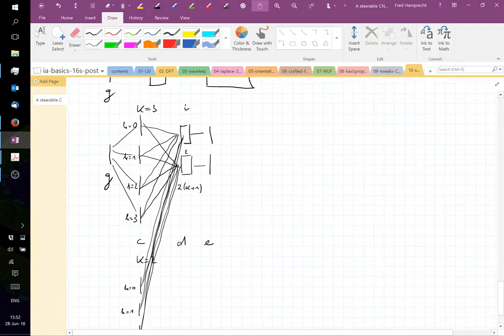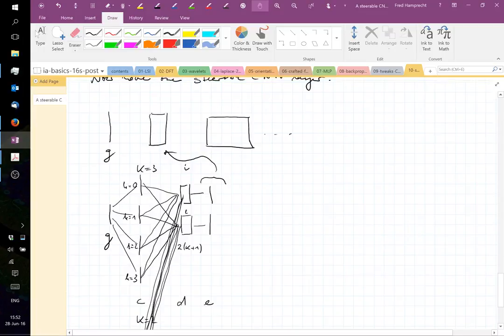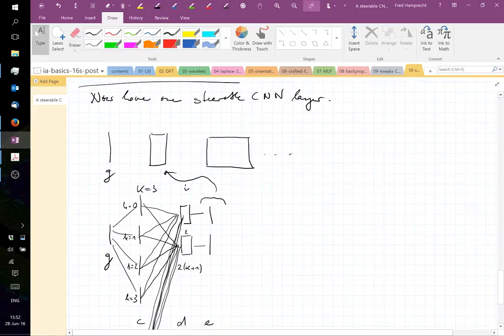All of these things that I've drawn here, taken together, just correspond to a single set of feature maps in my CNN. And by this more explicit representation, I wanted to show a little bit how this computational graph is connected.